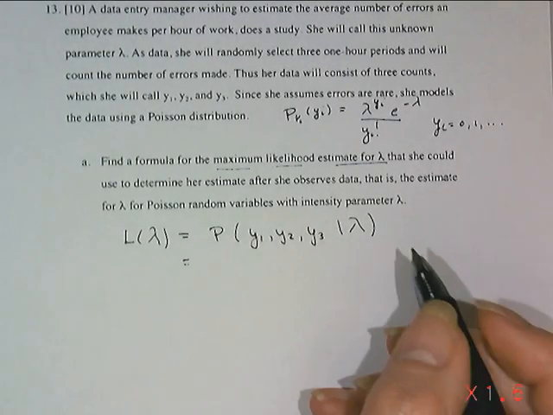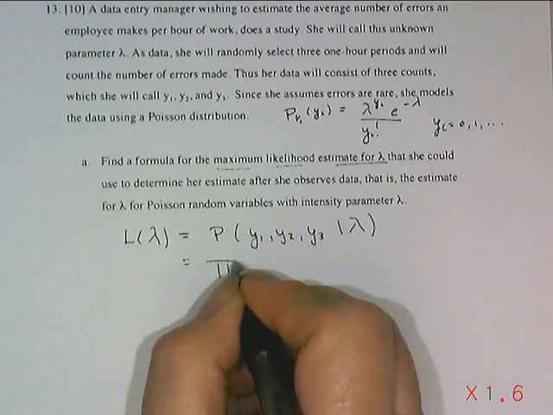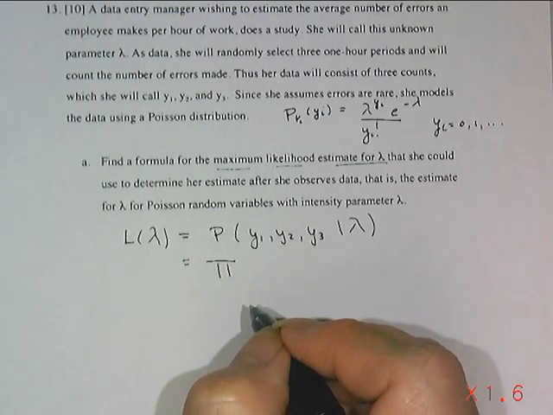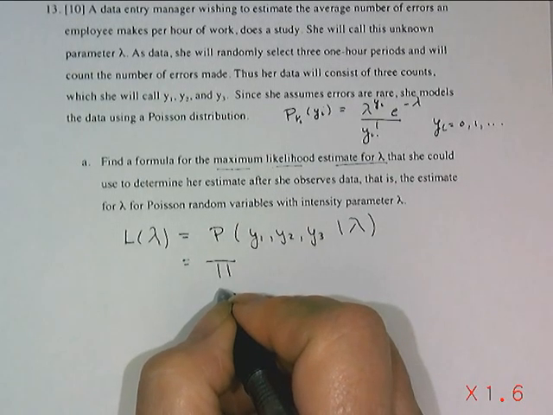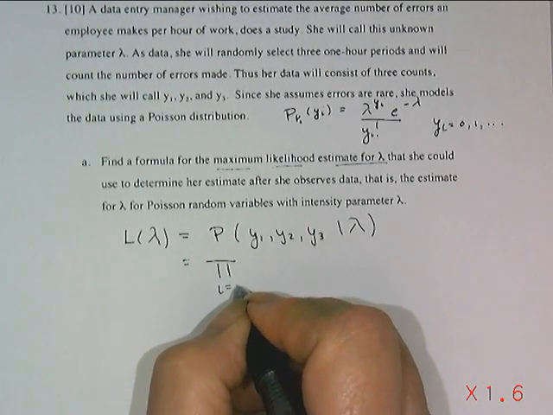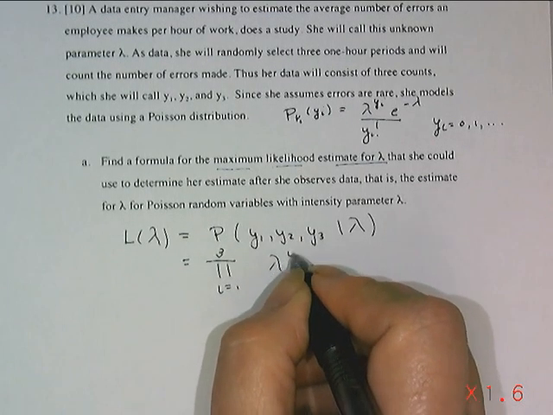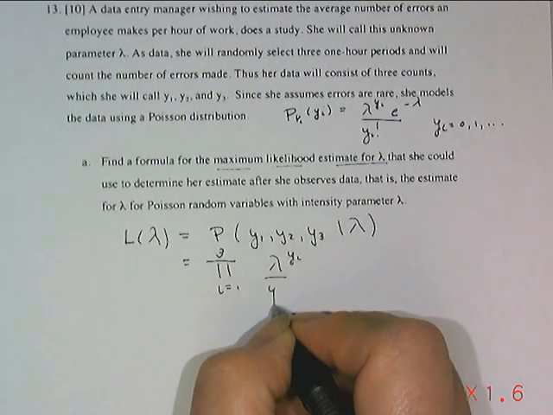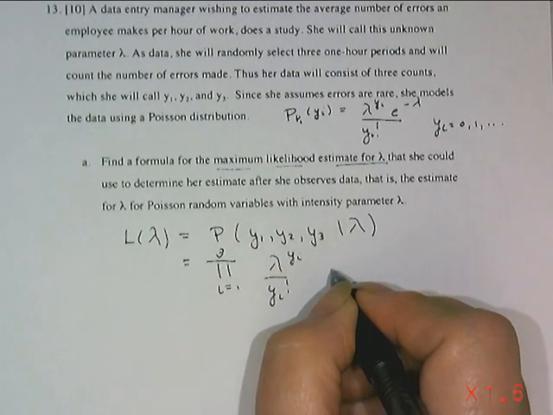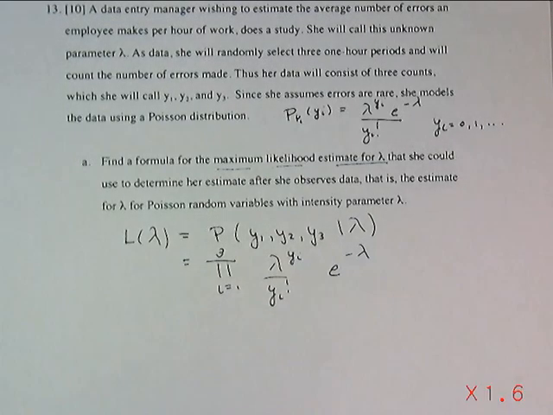Well, in this particular case, since they were IID, it's the product i from 1 to 3 of lambda to the yi over yi factorial times e to the minus lambda. Now, what do I mean by that?